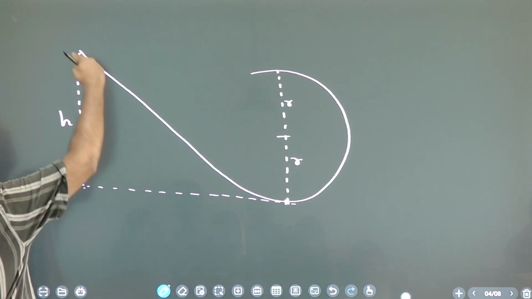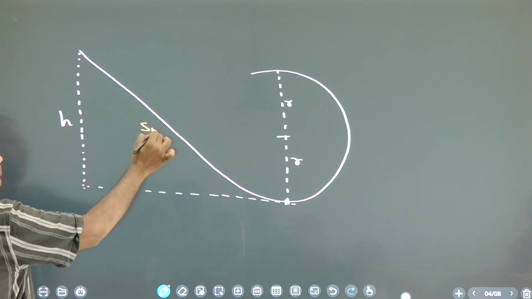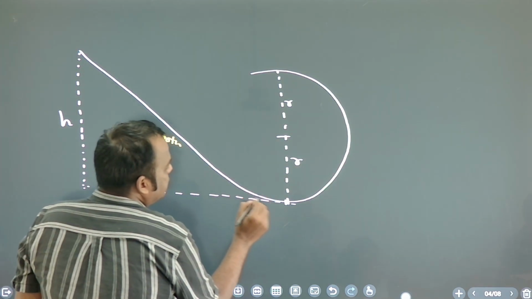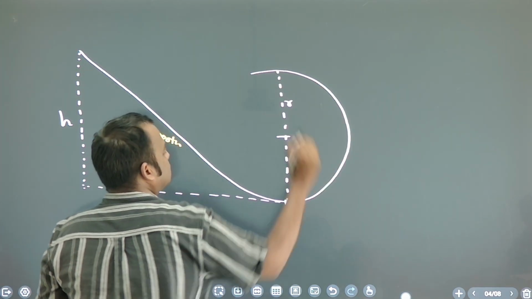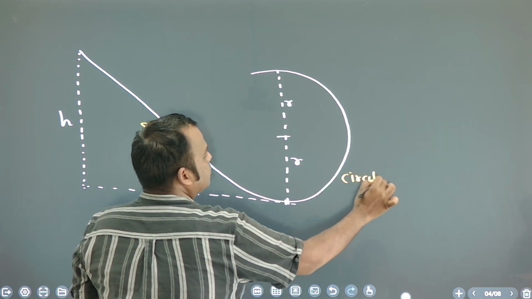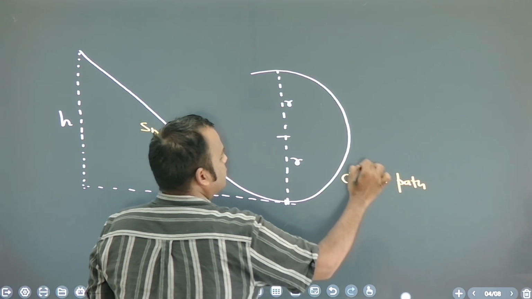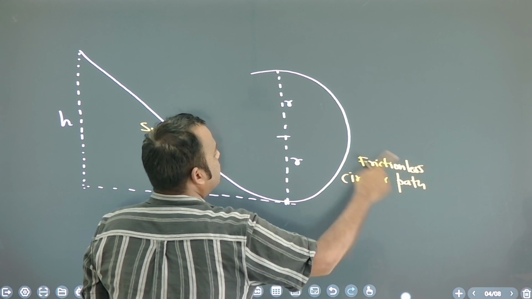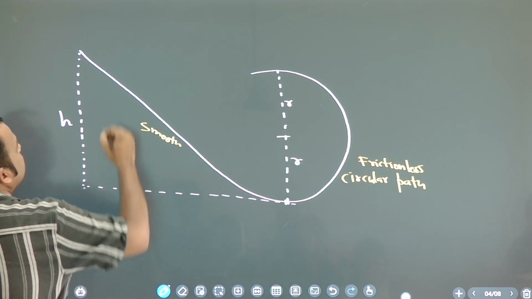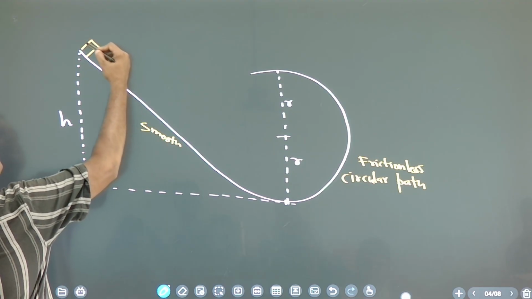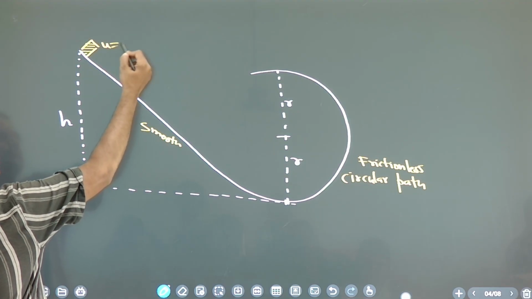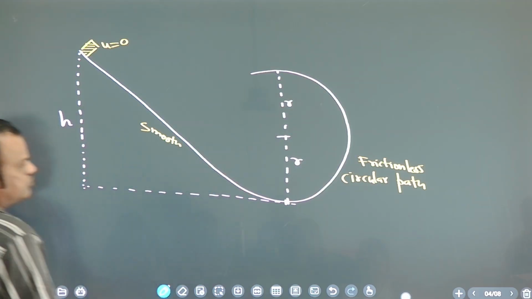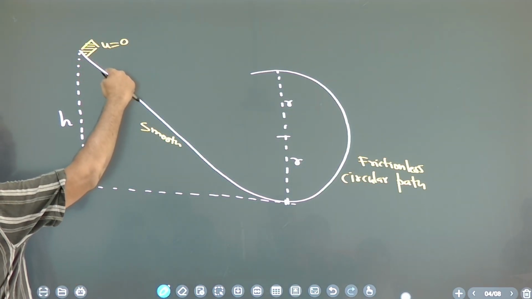Draw this diagram. This is a smooth surface, and this is a smooth circular path, frictionless circular path. Now block is released from here. So which energy is decreasing?